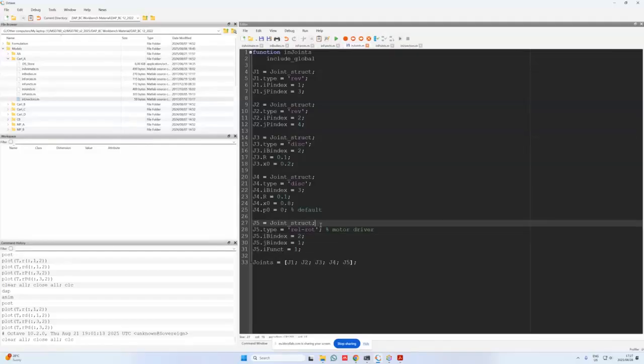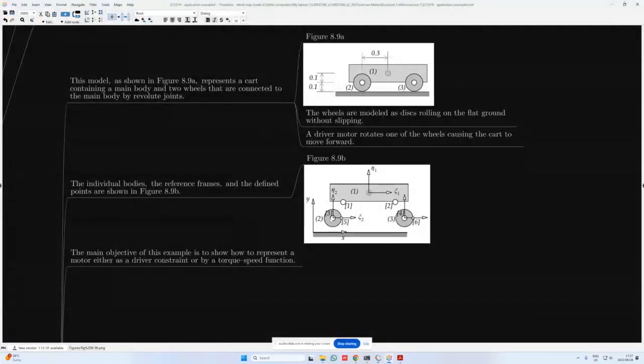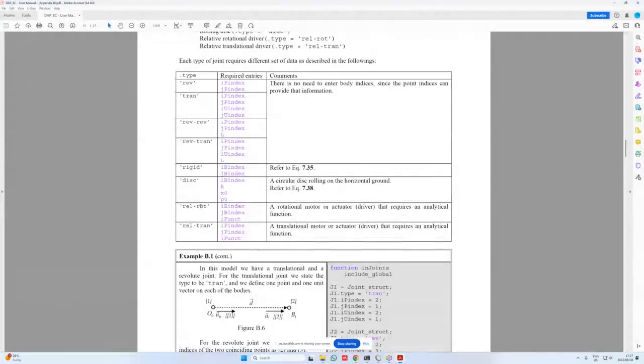Okay, and then I also need to go and define the actual relative rotation. So the motor driver that is placed on the rear wheel of this system. If I look back at my DAP BC user manual, I'll remember that for a relative rotation driver, I need to specify the two bodies between which the rotary motor is acting, as well as the function that I'm using to define the angular position.